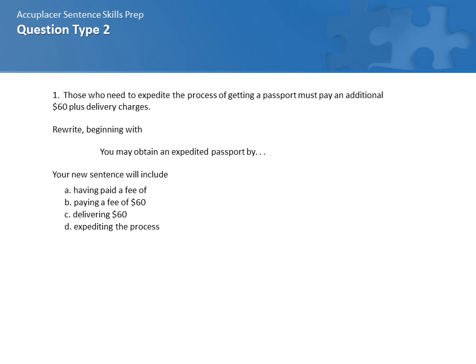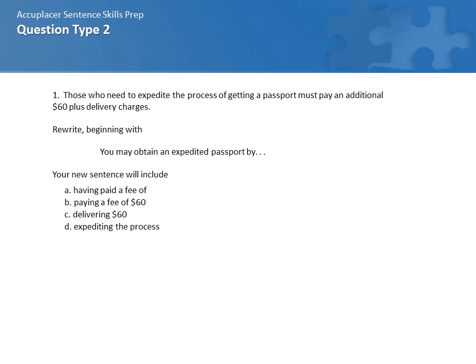So let's take a look at this first question. Those who need to expedite the process of getting a passport must pay an additional $60 plus delivery charges. And we're asked to rewrite that sentence beginning with the passage, "You may obtain an expedited passport by."